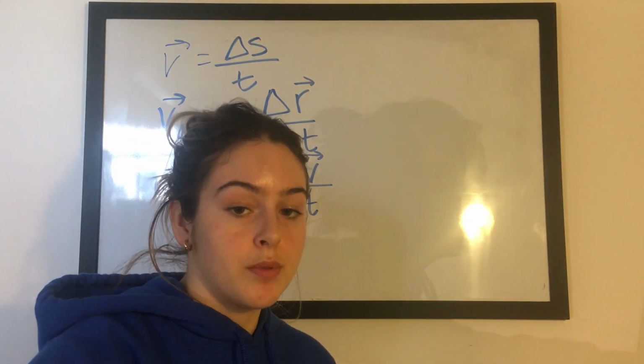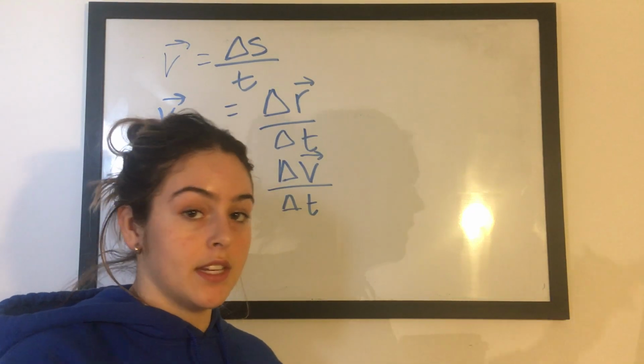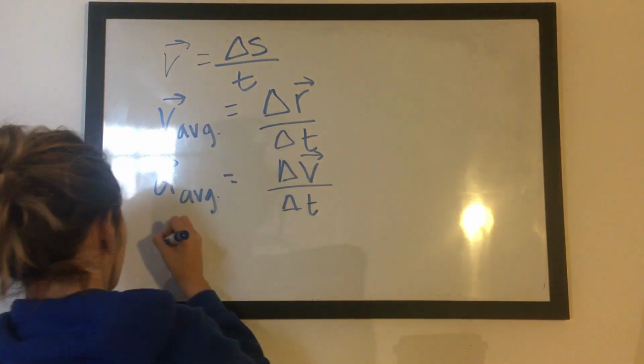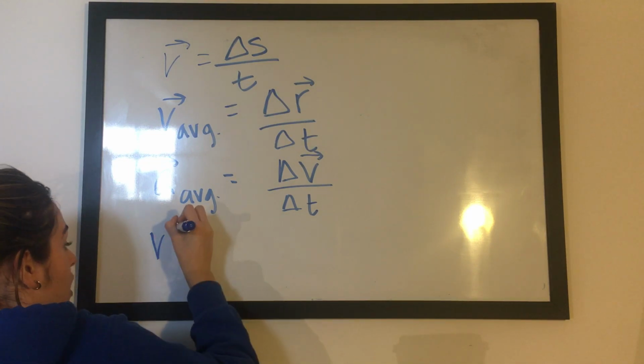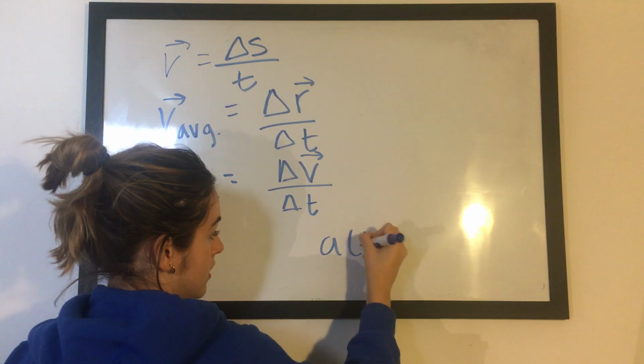The relationship between velocity and acceleration can be given as the following. Velocity v(t), acceleration a(t).